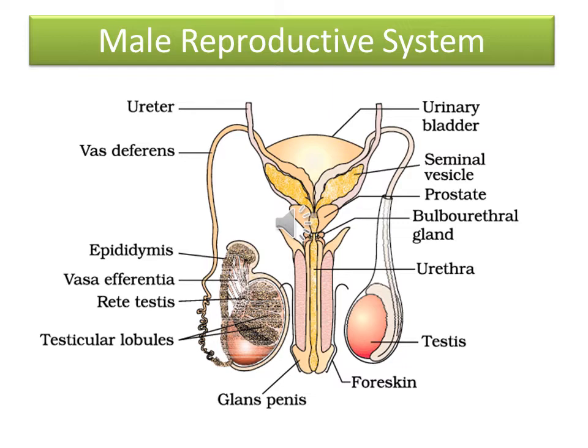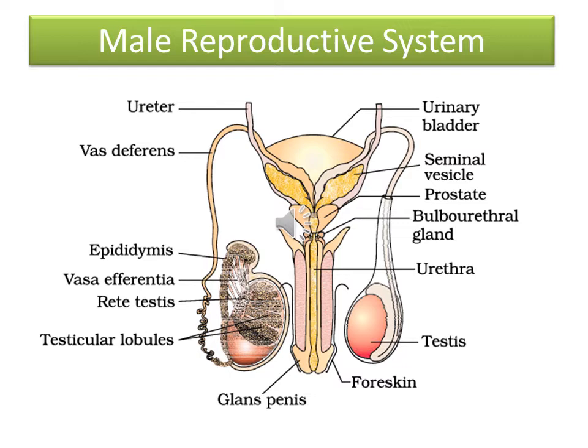In the human male, the urethra is a common passage for sperms as well as for urine. So the secretions of sperms as well as the secretions of glands are all carried by the common passage, that is the urethra. So this vas deferens enters into the urethra.